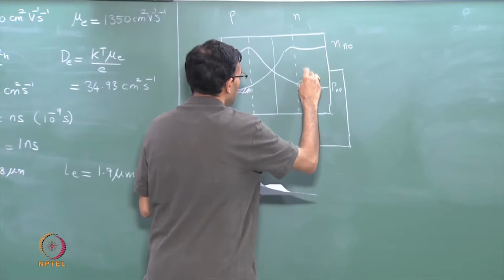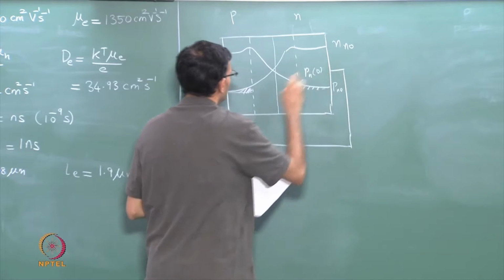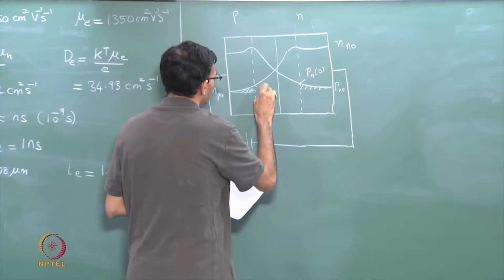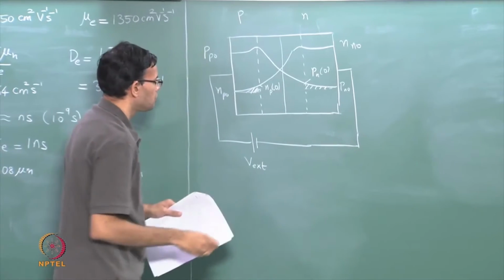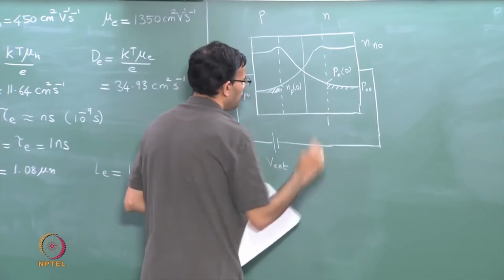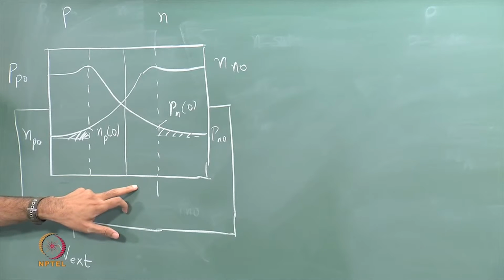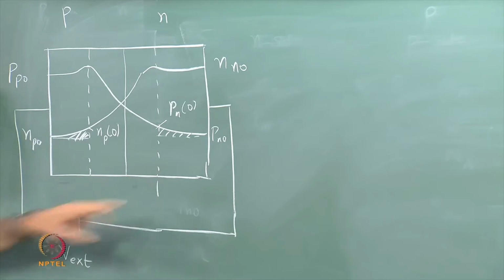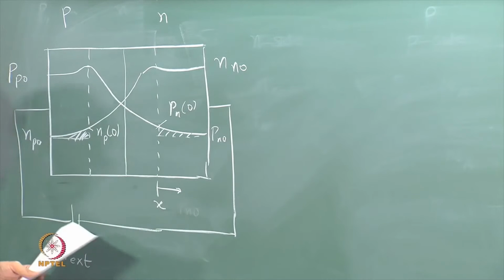This will be p_n of 0, this will be n_p of 0. So, for the sake of derivation, I am going to take my origin on the N side at the interface between the depletion region and the bulk of the N side. So, I am going to fix that as the origin.